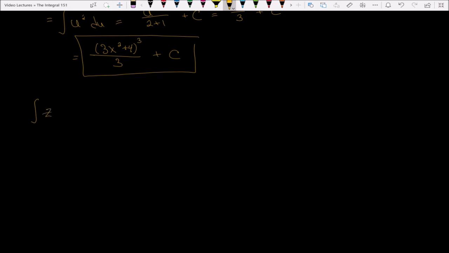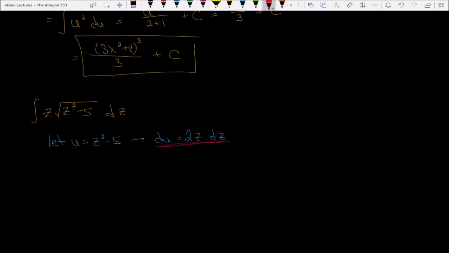Next up, antiderivative of z times the square root of z squared minus 5. Again, we want to look and we go, what is the problem in this integral? And it's the square root of z squared minus 5. So let u be z squared minus 5. Du is then 2z dz.